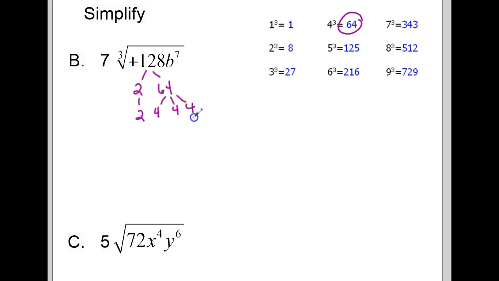So here's my bottom row of numbers. I'm only looking here, and I've got b to the 7th. So b to the 7th divided by 3 is going to be b squared with 1 b left over. Okay, 1 b left over, and that should just be the letter b.